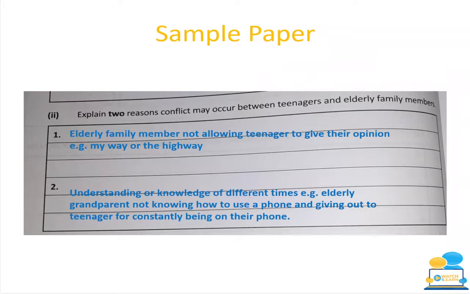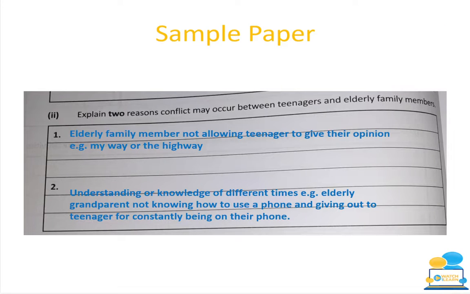Another one is understanding or knowledge of different times. So for example, you might have a grandparent who's given out to you, why are you on that phone the whole time? And I know from my experience, I would have to say, someone given out to me, why are you on your phone the whole time? And maybe you aren't actually on social media, but you're using it actually to look up stuff to help you with your homework.